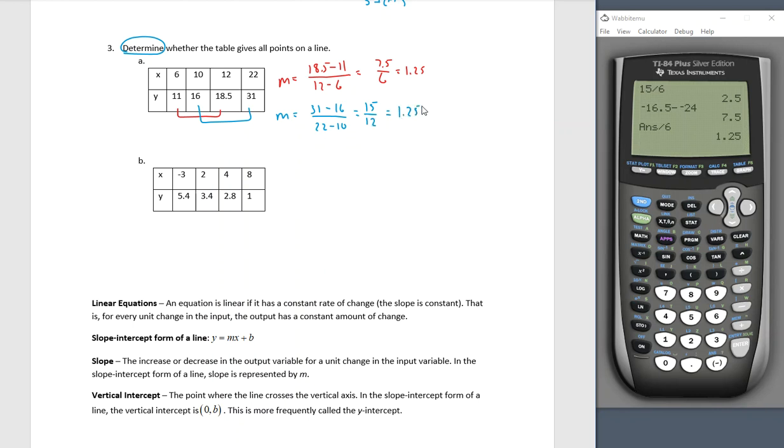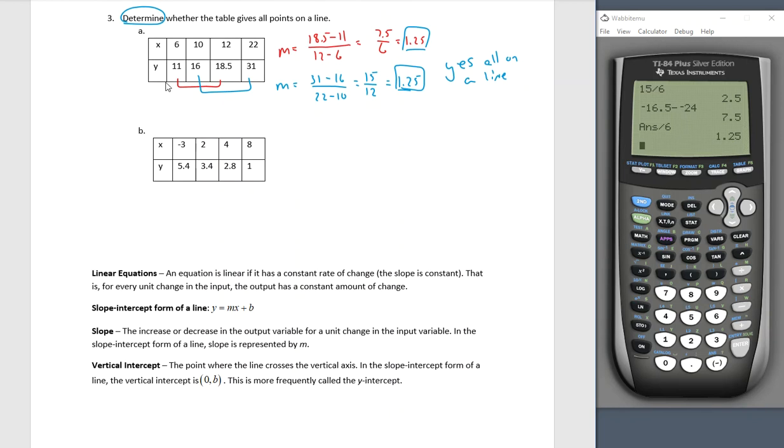That is 1.25. Yes. All on a line. Because this slope is consistent, it's the same value each time, we know that these points will be on the line. The chances for it to not be when these two don't is rare.